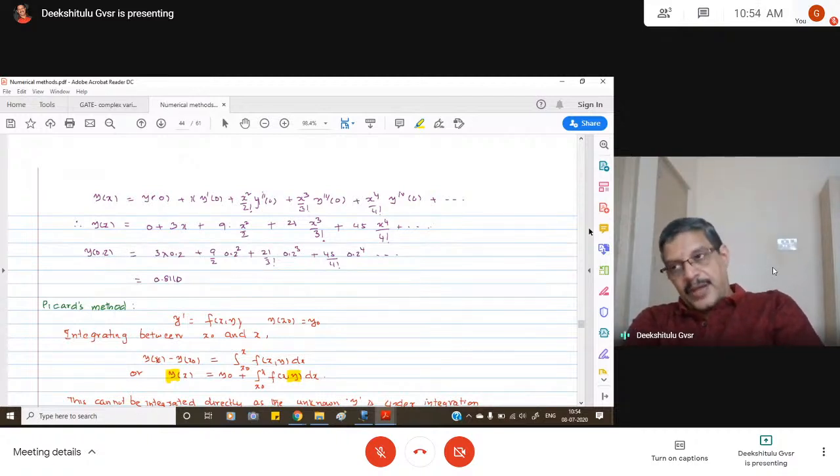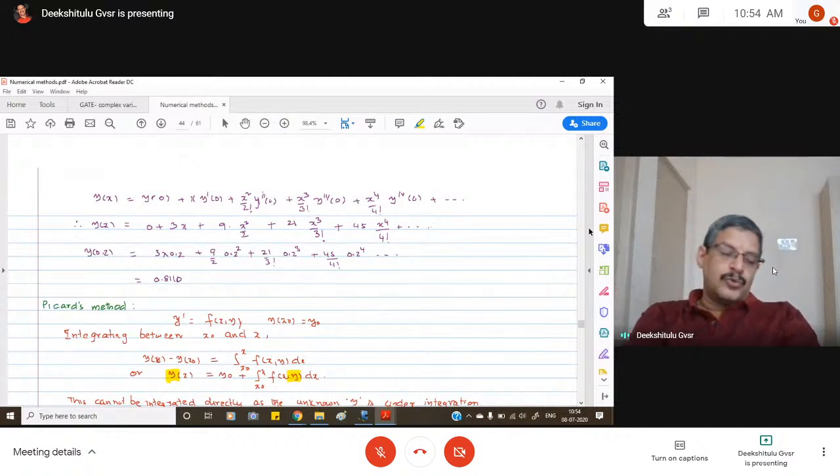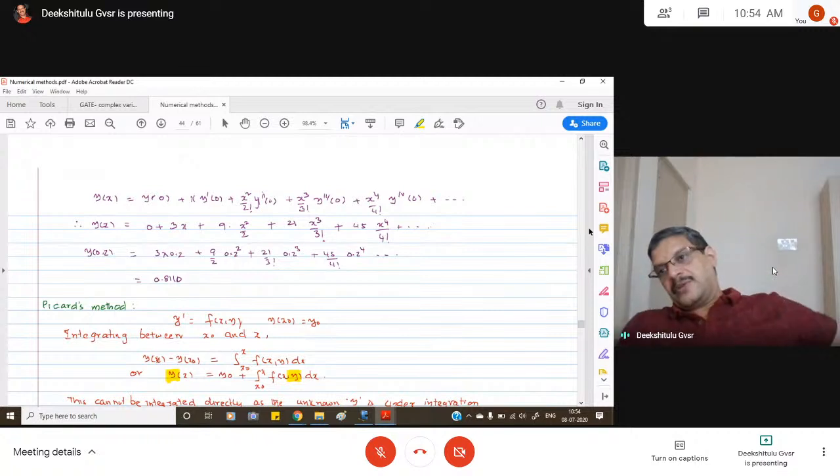Now, if you have an interval AB, let us say 0 to 10, and h you are taking, let us say 0.1 or 0.2. How many values do you have to run for h when you want to cover from 0 to 10? If you take h equal to 0.1, 100 values you have to take.